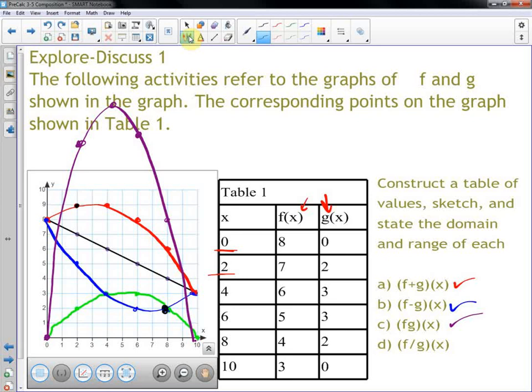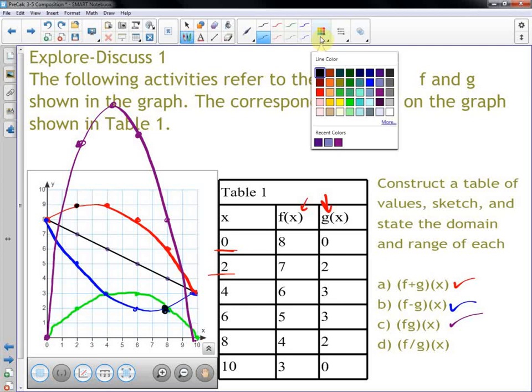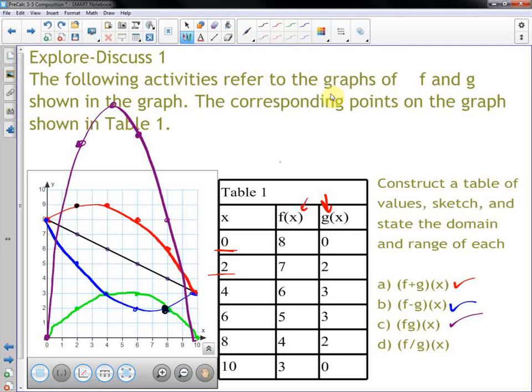Let's try the division one, see if there is some type of symmetry there. I'll do that one in, how about orange? All right, so let's do f divided by g of 0, undefined. That's not really symmetrical. How about f over g of 2? 3.5.